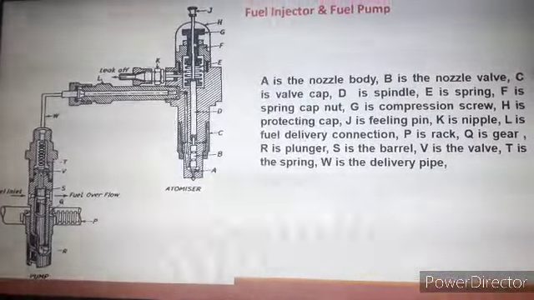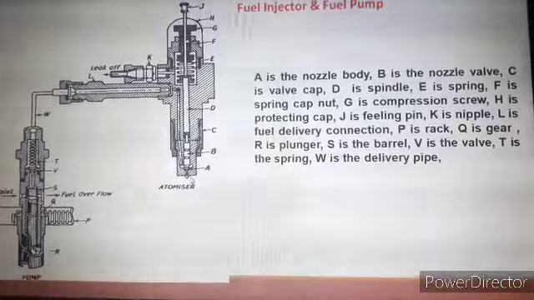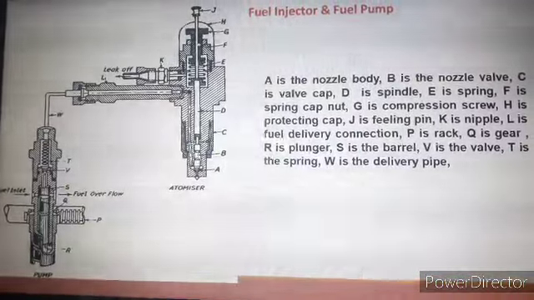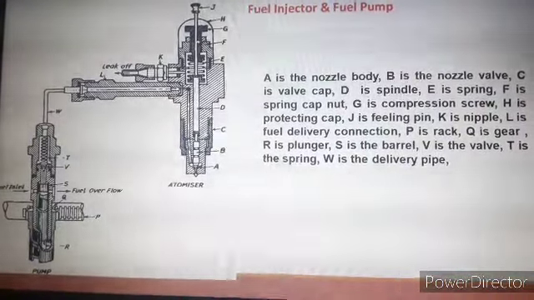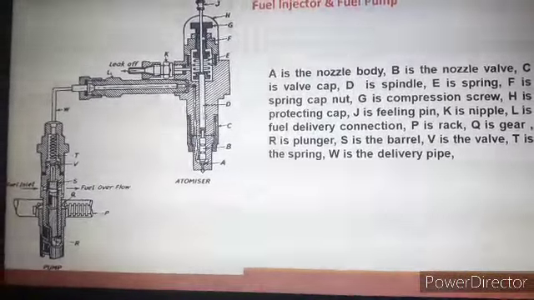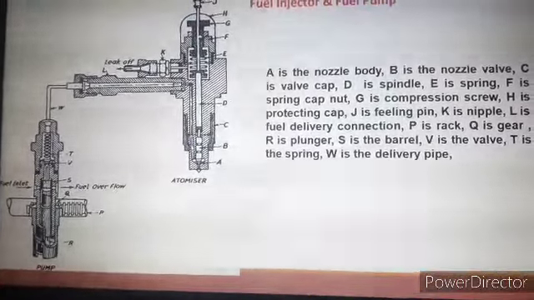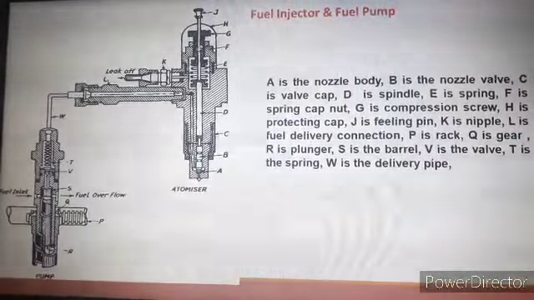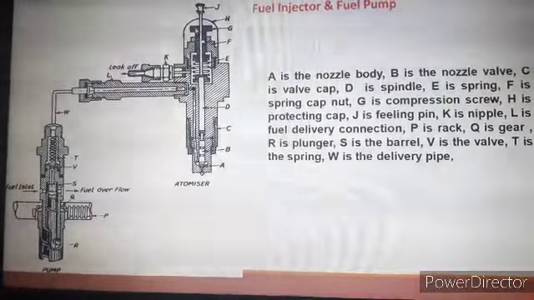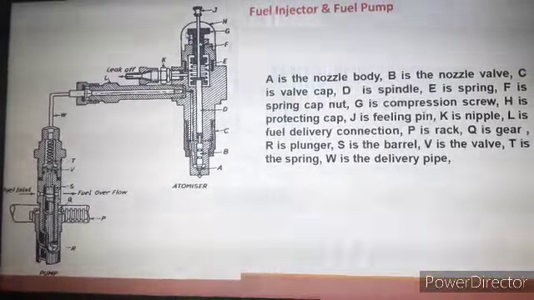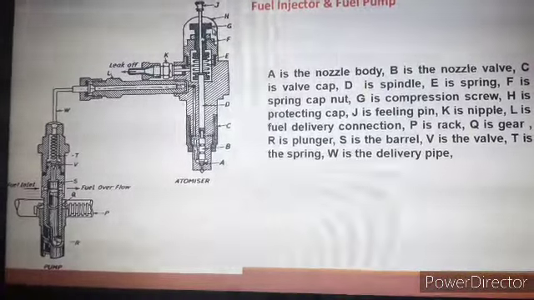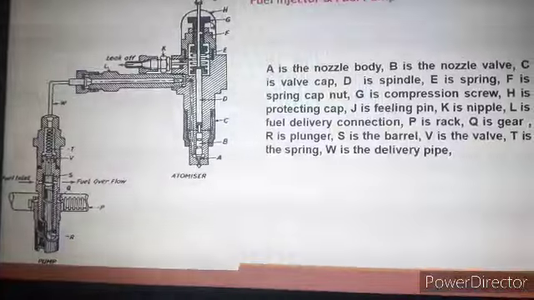Again, in the case of this fuel injector, A is the nozzle body, B is the nozzle valve, C is the valve cap, D is the spindle, E is the spring, F is the spring cap, G is the compression screw, and H is the protecting cap for the fuel injector.